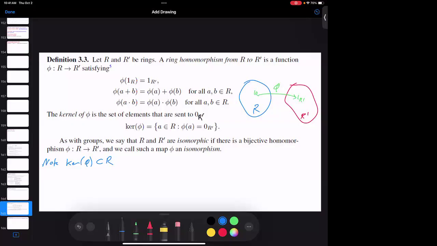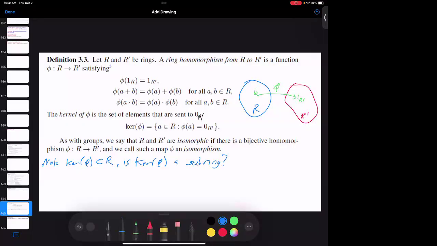We have a group. We have a subset in the group. What could you ask about that subset? Is it a subgroup? And so what do you think you could ask here? We have the kernel of phi lives in R. Is the kernel of phi a what? A subring.